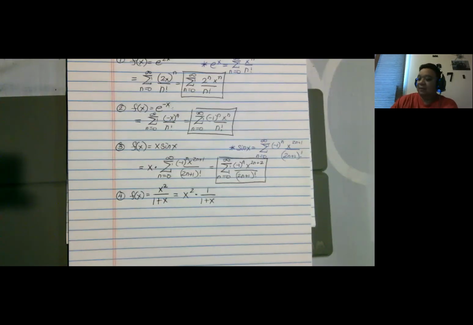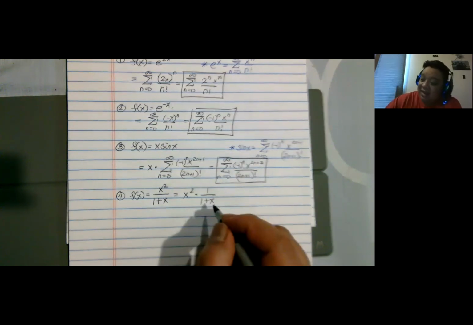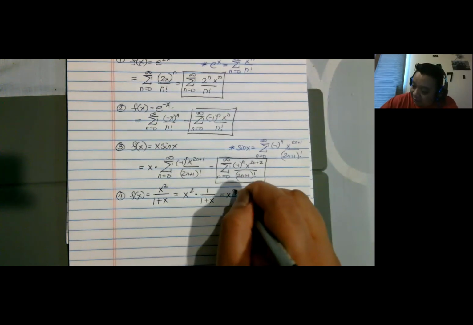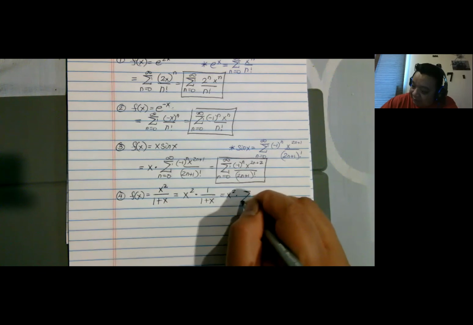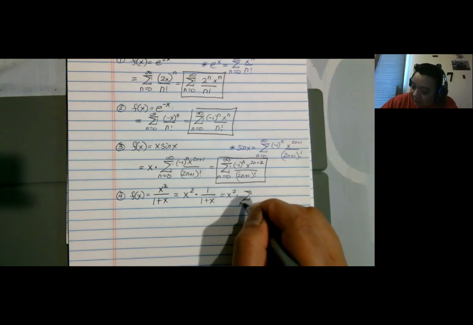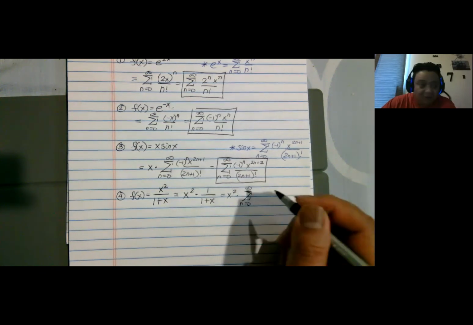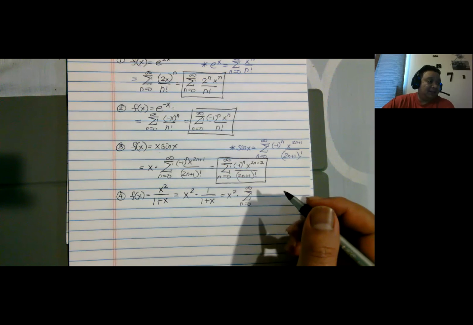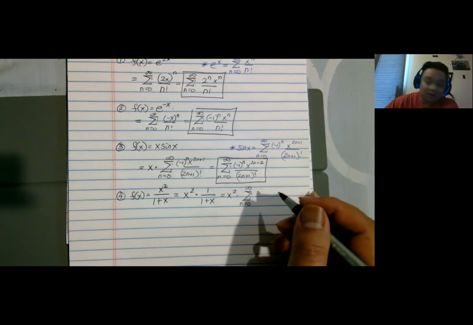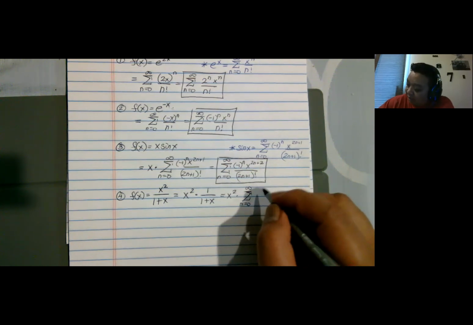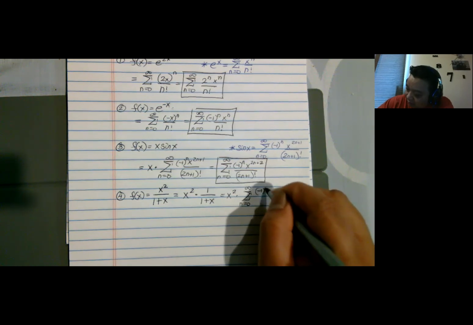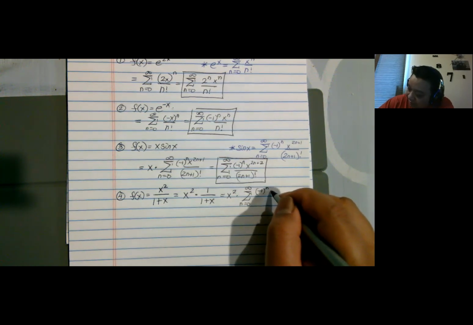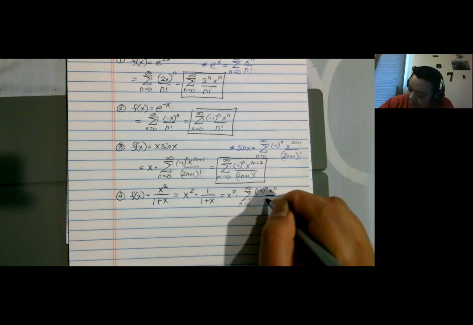Okay. All right, so then now it's just x squared times the power series for 1 over 1 plus x. And if you recall, the power series for 1 over 1 plus x is your -1 to the n, x to the n.